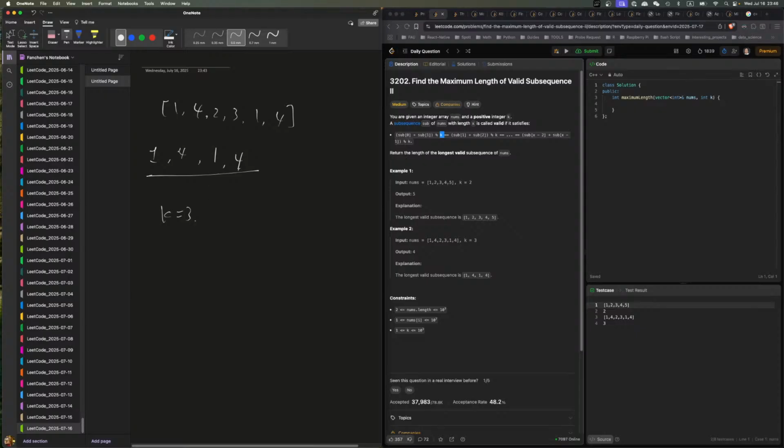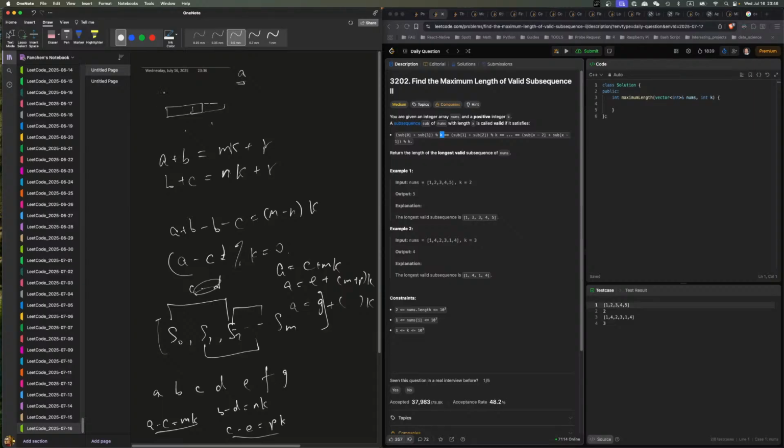On this, are we supposed to have a skip? There should be something in between, right? There shouldn't be, there's something in between. Hold on, let me see it one more time.